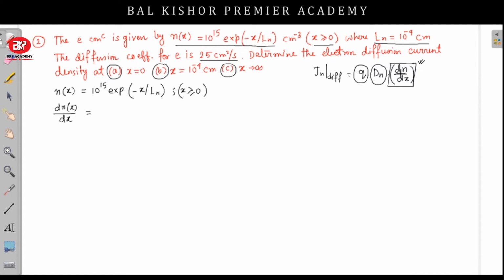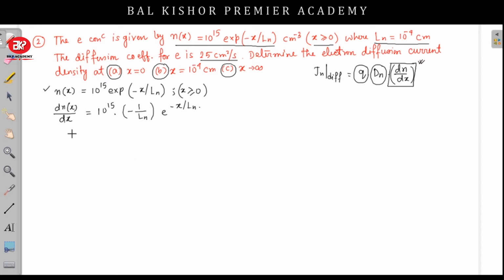We need to find this value, so we have to differentiate this equation with respect to x. After differentiating, we will get 10 to the power 15, and the differentiation of exponential minus x by Ln gives minus 1 by Ln and exponential minus x by Ln.